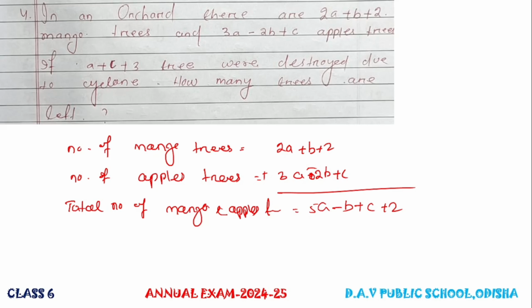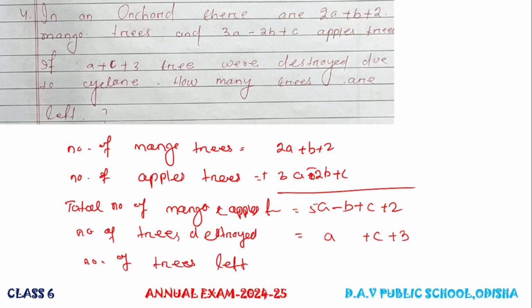All of you understand? Now due to a cyclone, the number of trees destroyed. So write down the number of trees destroyed equals a plus c plus 3. Now how many trees are left? So the number of trees left means subtraction.